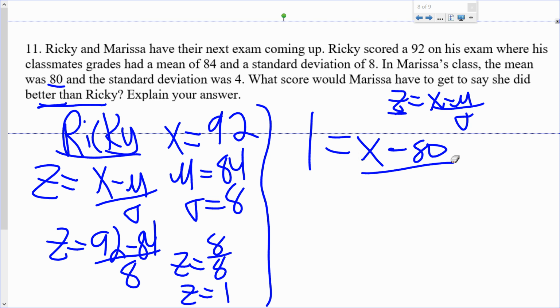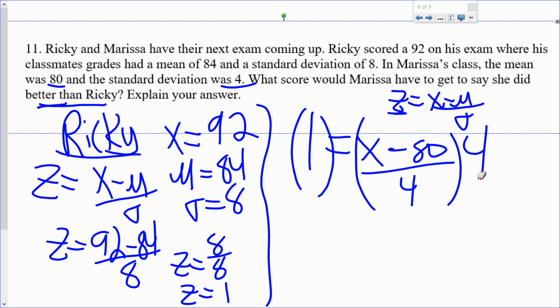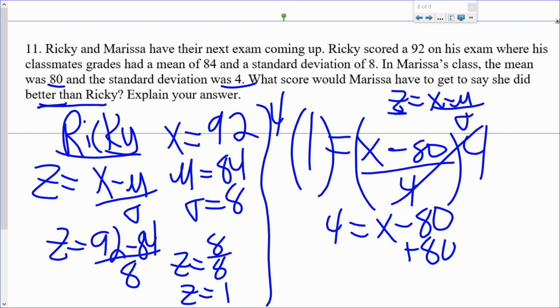The standard deviation for her class was 4. So now to solve this for x, I would do a little bit of algebra, multiply both sides by 4. 4 equals x minus 80, plus 80 on both sides, x equals 84. So a score of 84 would tie him, would give her the same z-score.